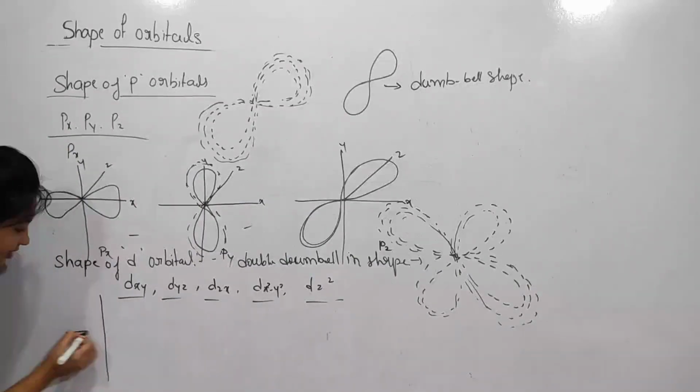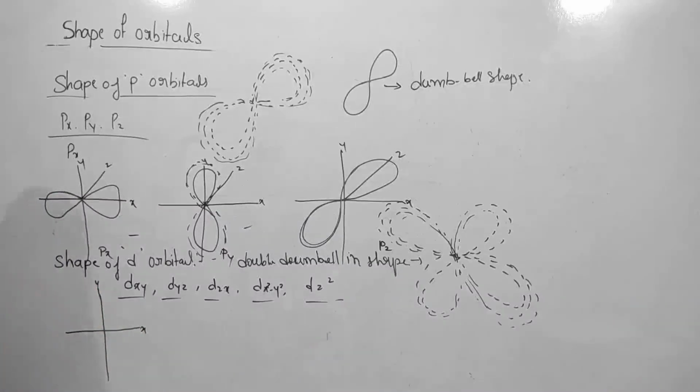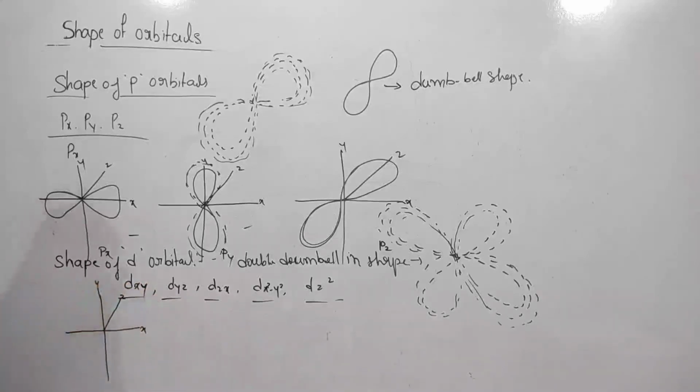this is our x-axis and this is our y-axis and this is our z-axis. In a dxy orbital, the dumbbell is in between the x orientation and the y orientation. So like this the dxy orbital is there.